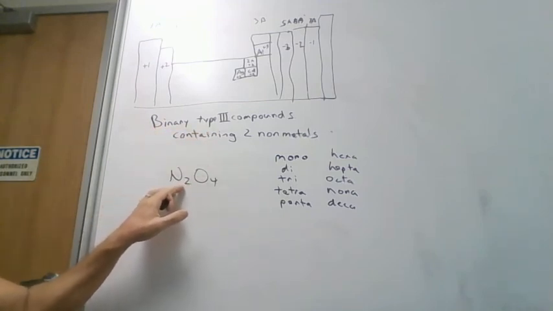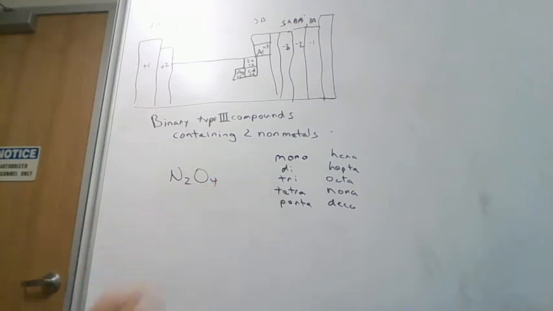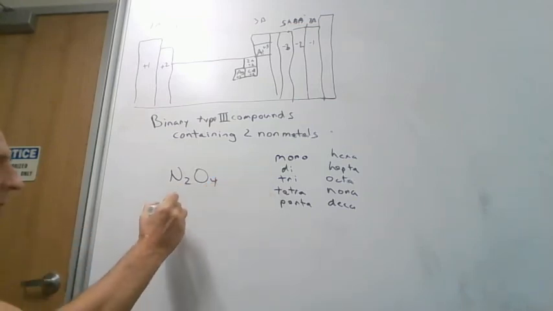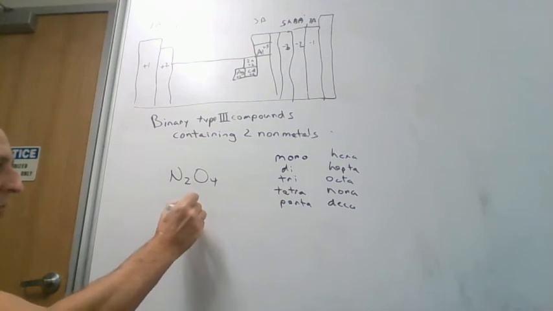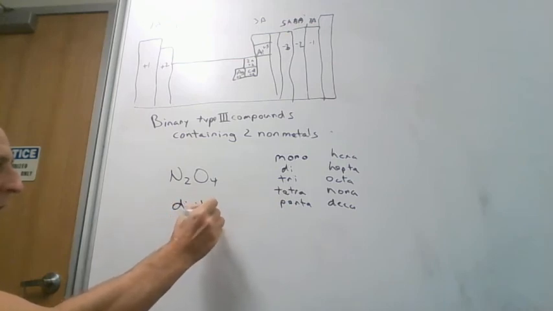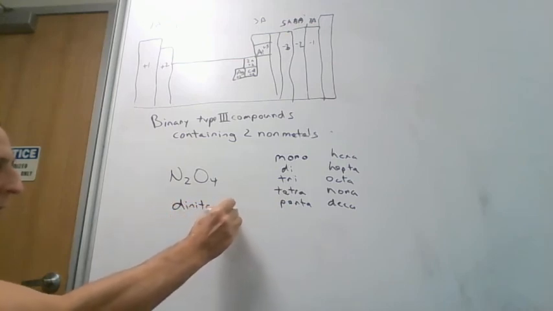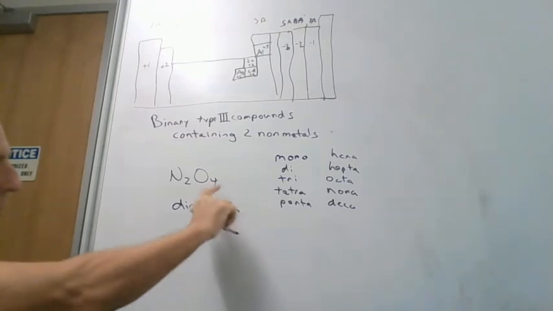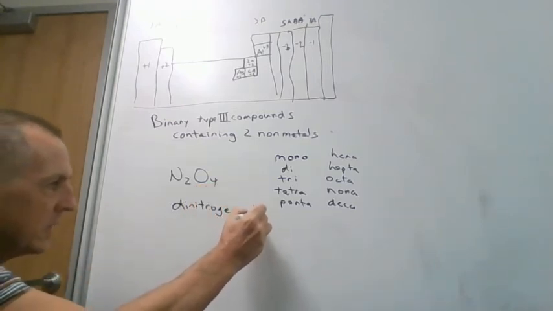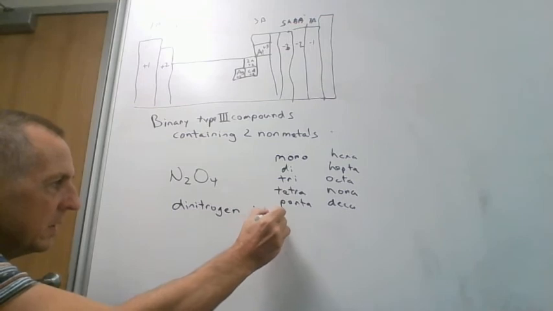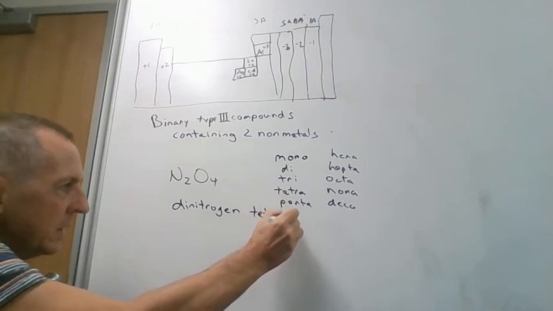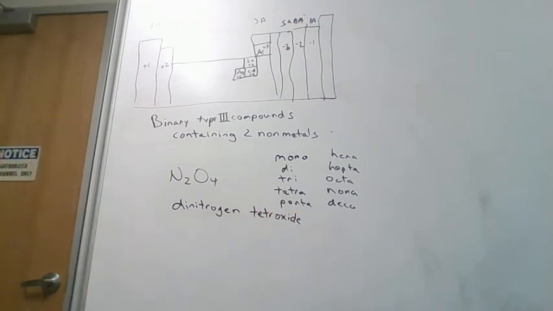Now our first element isn't by itself, there's 2 of them, so we have to use our prefixes. So we have dinitrogen, and we have 4 oxygens, so tetroxide. We kind of dropped the a, so we just call it tetroxide instead of tetraoxide.